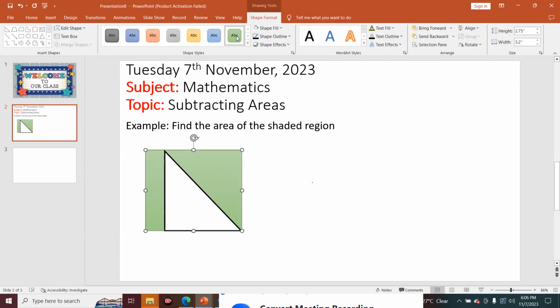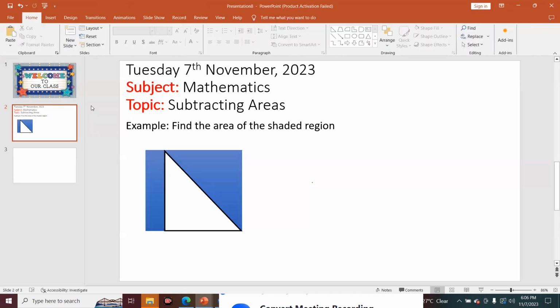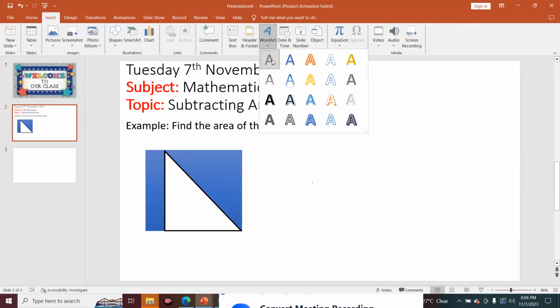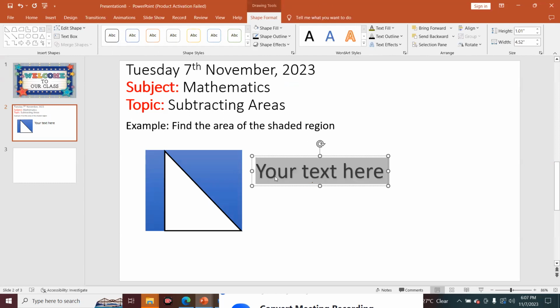We could use blue. I think the darker one is better. Yeah, much better. All right, so let's say that we have these numbers connected with them. Let's say that we have 6 centimeters on this end.